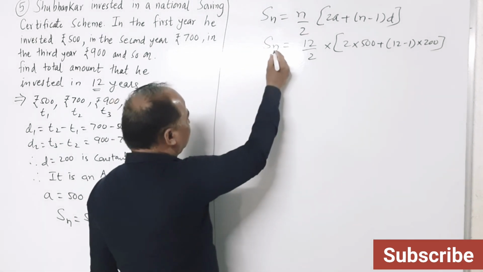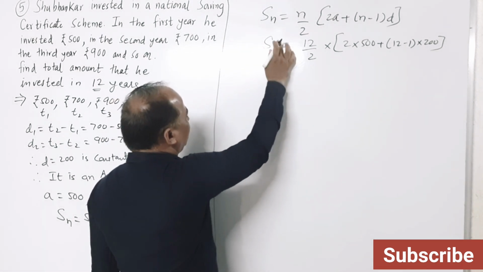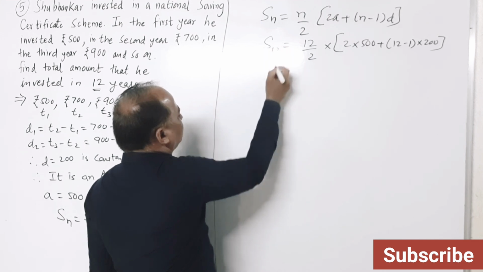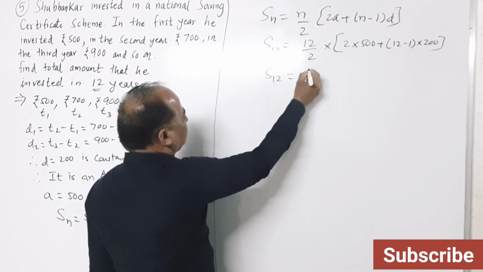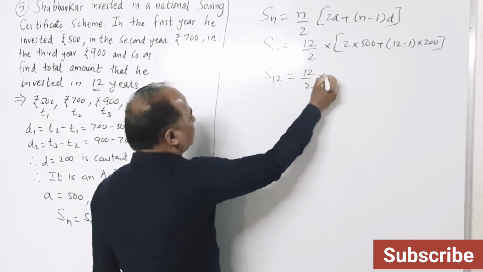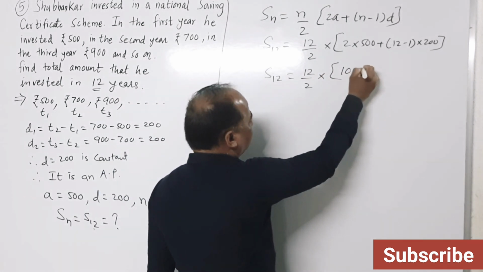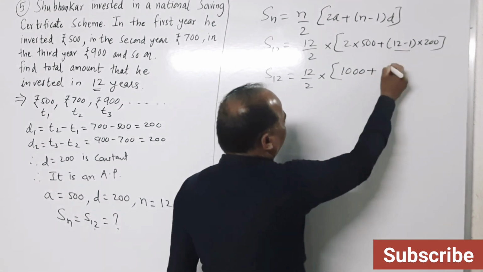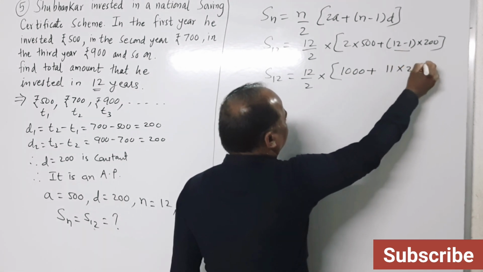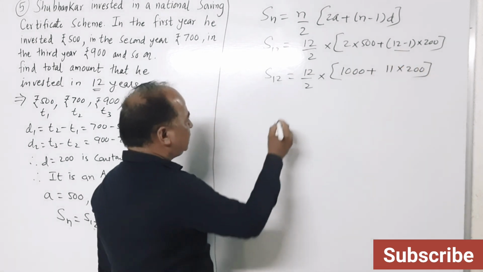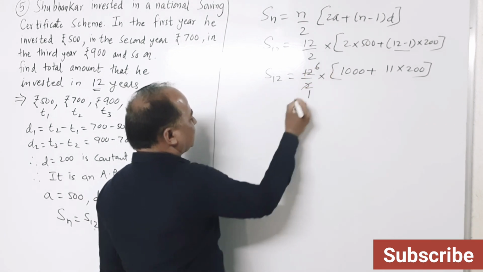Therefore S12 is equal to 12 upon 2 in bracket 2 into 500, that is 1000, plus 12 minus 1, 11 into 200. 6 to 1 are 2, 2 6s are 12.